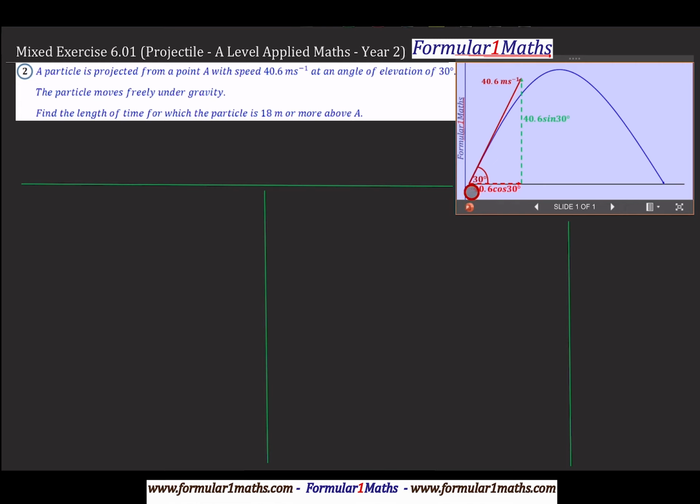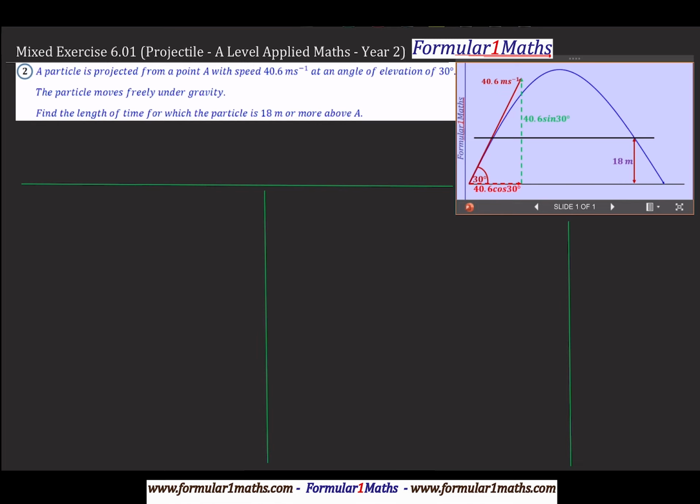Now point A is somewhere here, and I need to draw a line which is 18 meters above this point. So we draw the line. Like we said, it's 18 meters above point A, the horizontal. So we need to find the time for which this particle was above this line, and that would be when it was moving from here all the way to this point here.